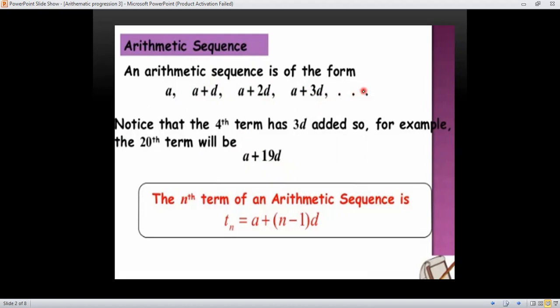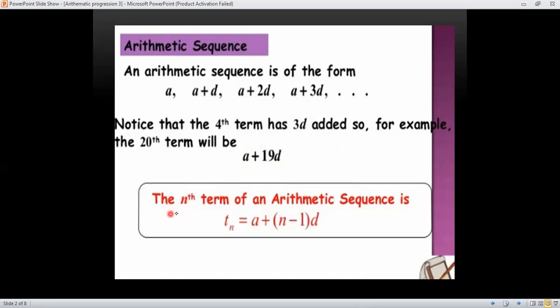Similarly, if I ask you what will be the ninth term, you will say A plus 8D. If I ask you the 29th term, then you will say A plus 28D.